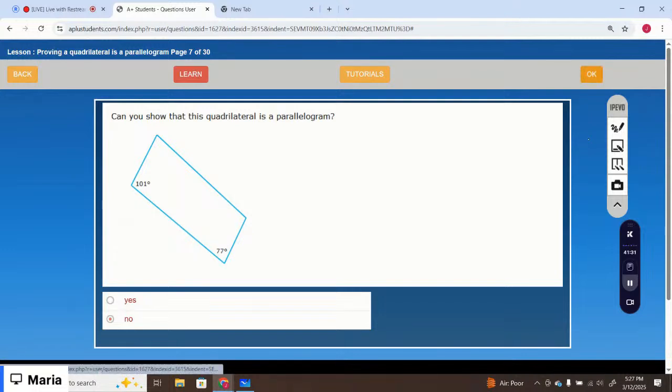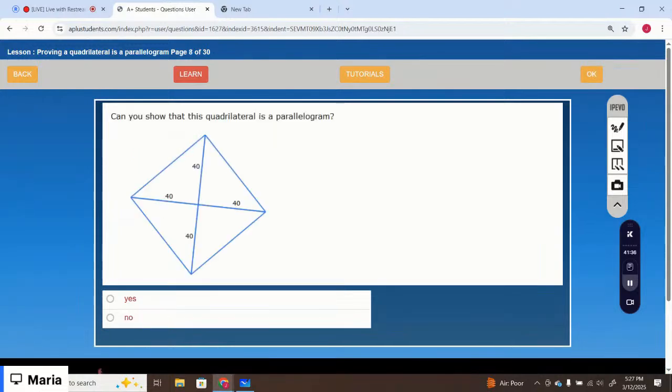No, that is not a parallelogram. Can you show that the quadrilateral is a parallelogram? Yes, it is a parallelogram. Option number one is the correct option.